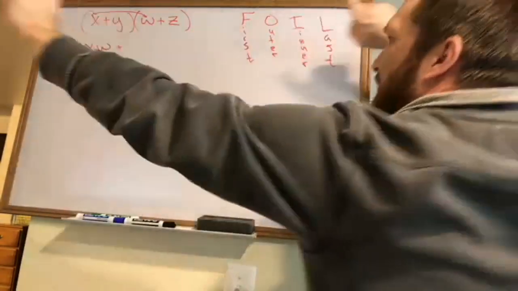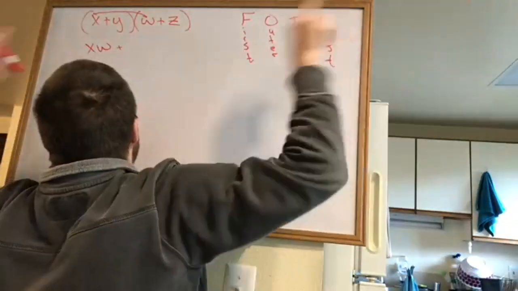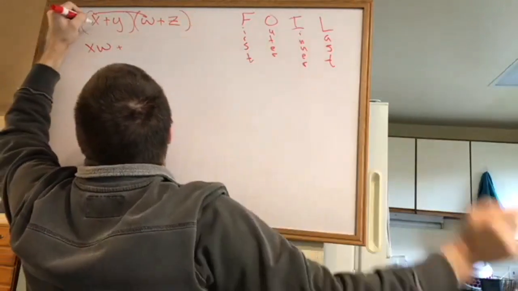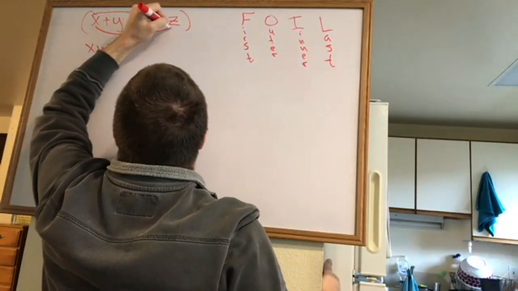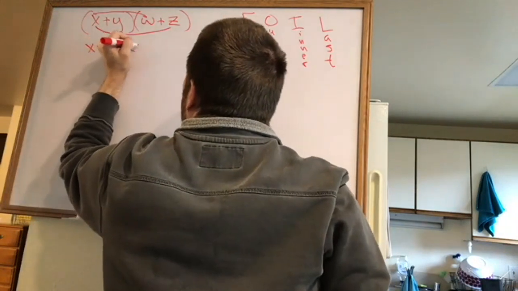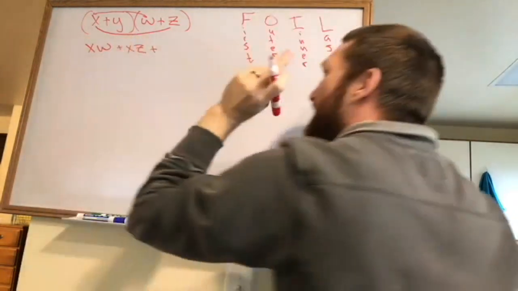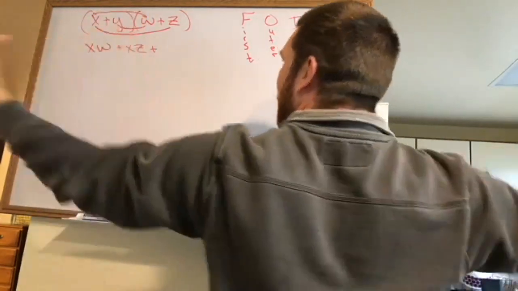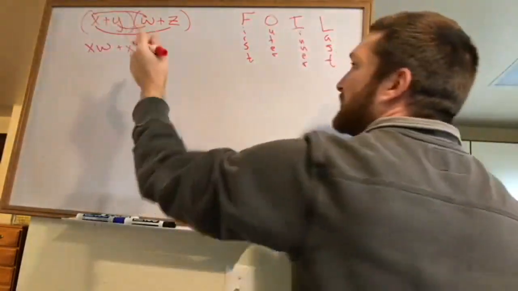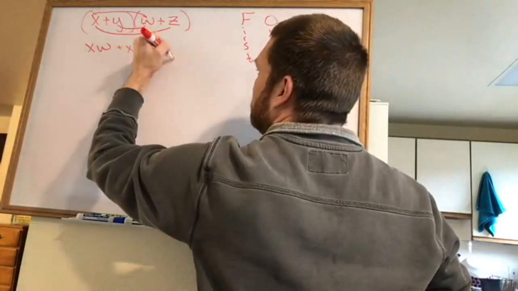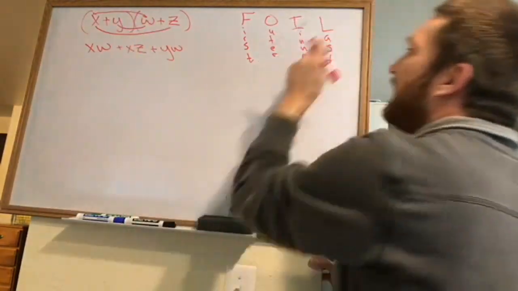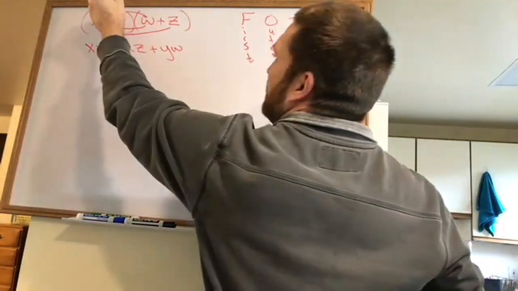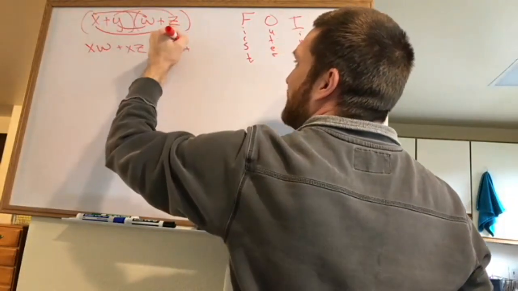Outside, now they mean the outermost ones, right? So this guy and this guy are my outside. And so I get an x times z. The inside are these guys right here, the innermost ones, in this case, y times w. And then last are these guys, y and z.